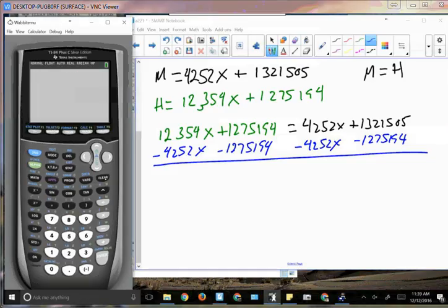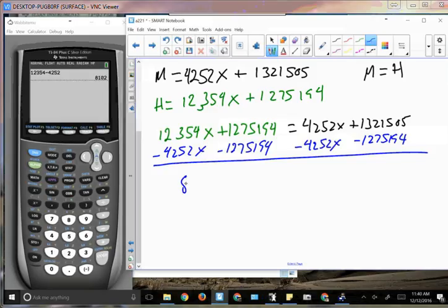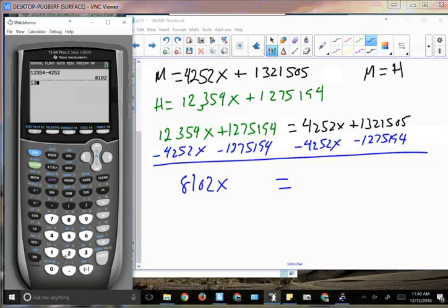So if I go and take 12,354, subtract off 4252, what do I end up with? I end up with 8102x is equal to. That's the other side.